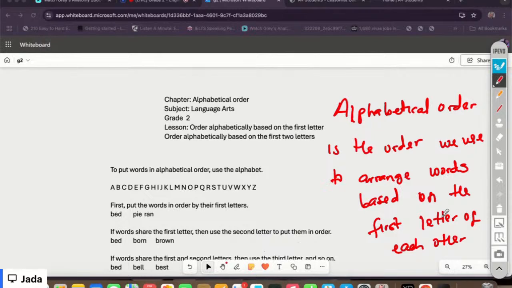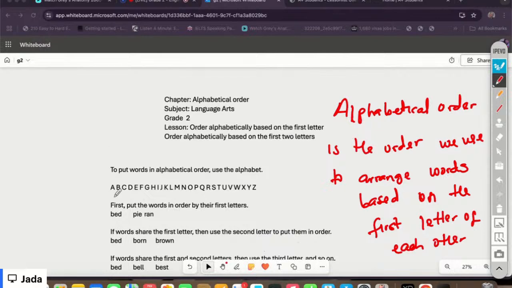All right, alphabetical order is the order we use to arrange words based on the first letter of each word.